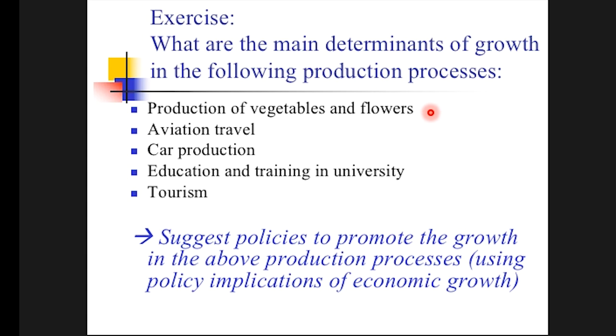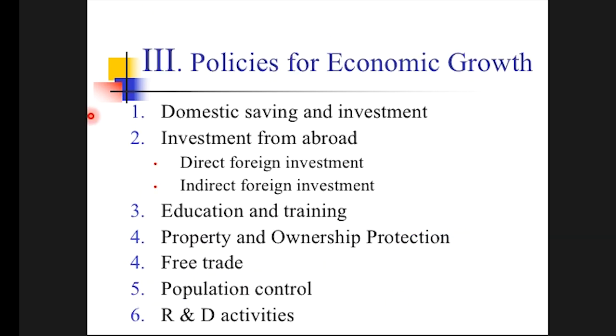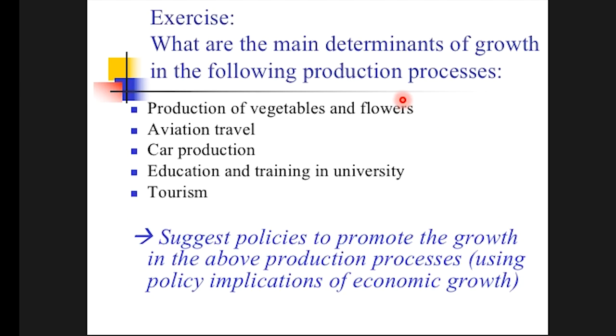And next, suggest the policy to promote growth in the above production process. It means that we use the policies suggested here to focus on the production. Now here is one explanation.